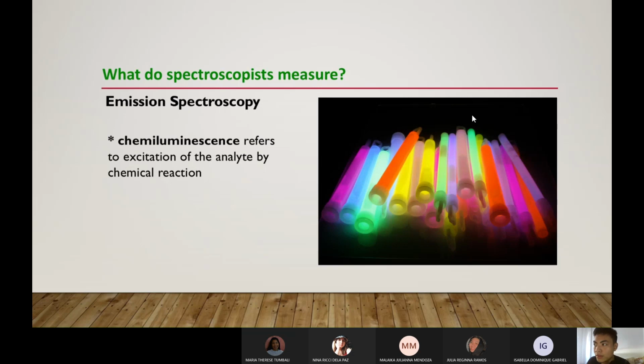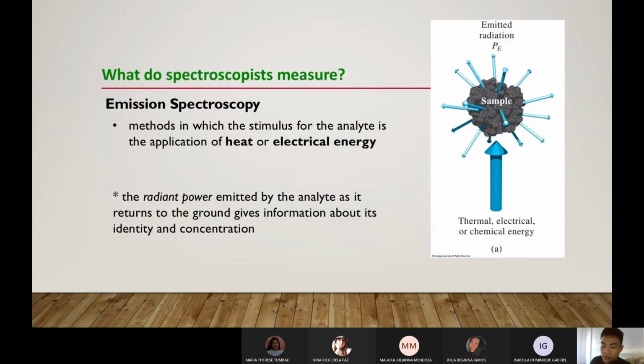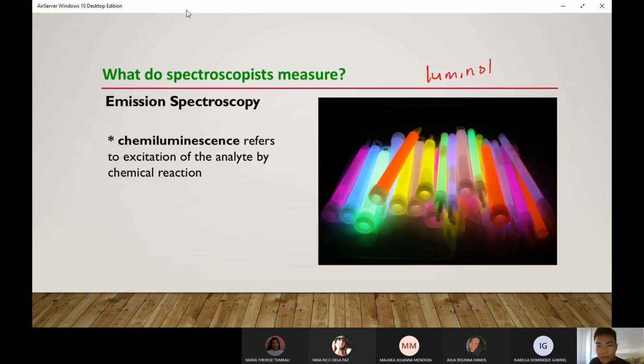Typically, the chemical inside is luminol, and luminol requires just a small energy to glow. A chemical reaction happens, it absorbs energy from the environment and then starts to glow. That's one application of emission spectroscopy, chemiluminescence, which can be found in glow sticks.